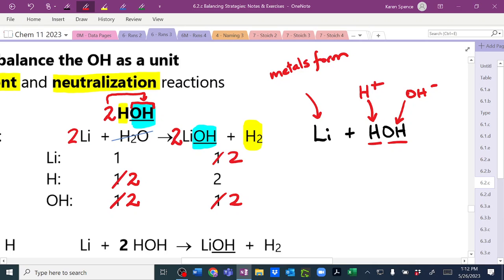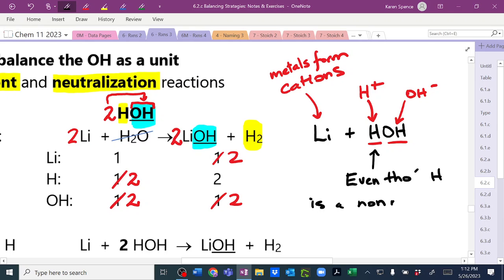They lose because if you're in column number 1, how many valence electrons? 1, so they're going to lose that 1 electron. So metals form cations because they lose electrons. So even though hydrogen is a non-metal, what's it actually acting like here? It's acting like a metal in that it is the cation.